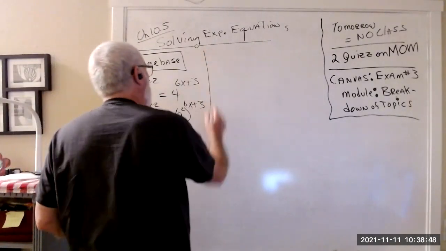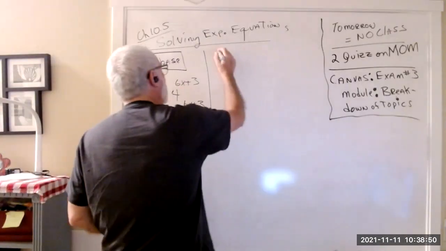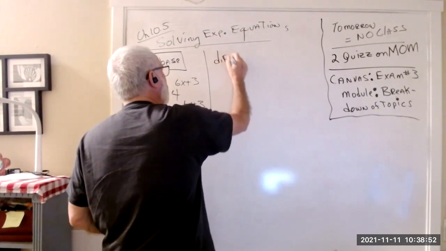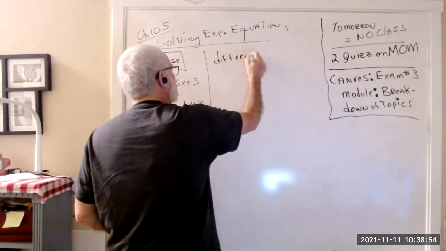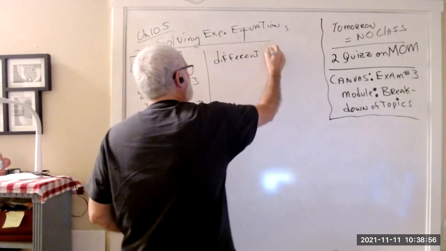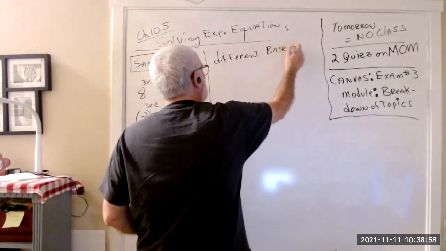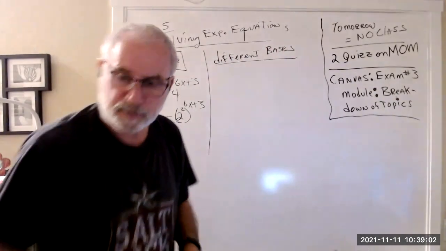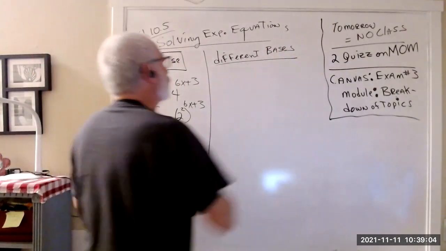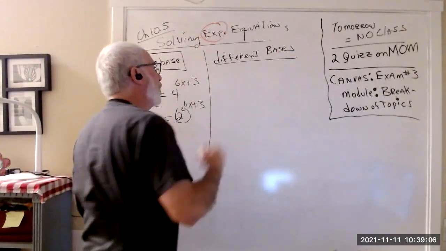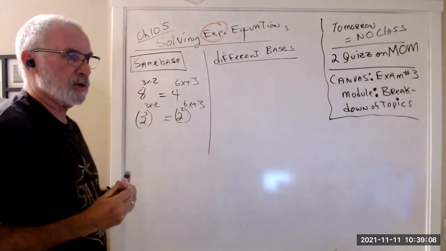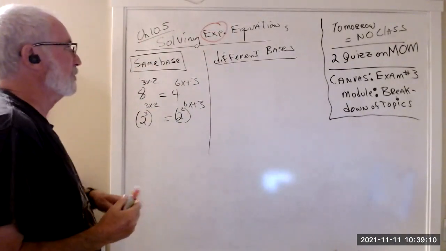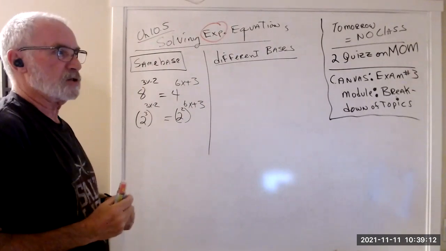Then we introduced, I guess they're called different bases. Again, these are still exponential equations. All of these have to do with exponents somehow. What if they have a different base?